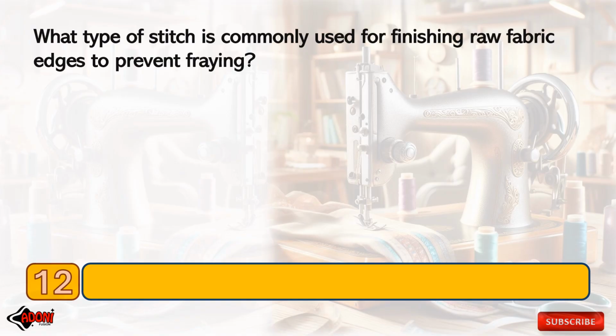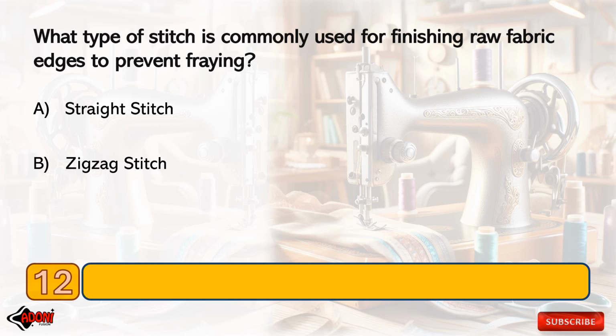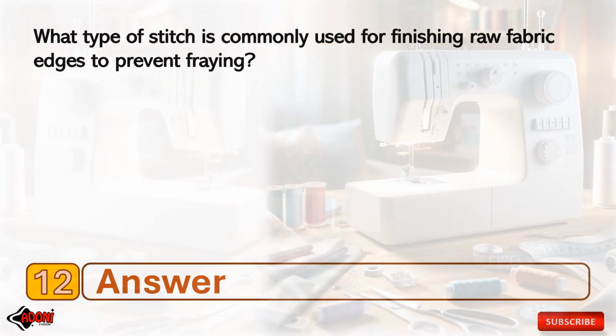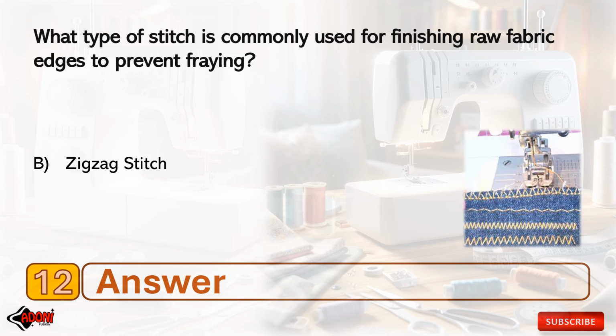What type of stitch is commonly used for finishing raw fabric edges to prevent fraying? Straight stitch, zigzag stitch, back stitch? The answer is zigzag stitch.